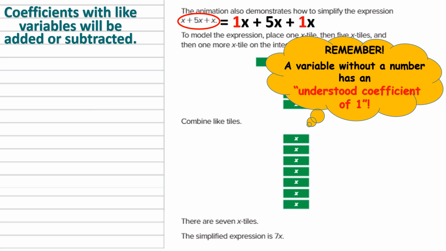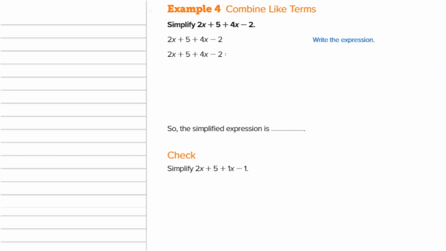And if I have 1x plus 5x plus 1x, because of those understood coefficients of 1, then I have coefficients with the same variable, and I can add them together. 1 plus 5 plus 1 gives me 7. And I simply keep the variable of x. Don't make this difficult. It's not difficult. Just look at what they have in common and do the math that's indicated.